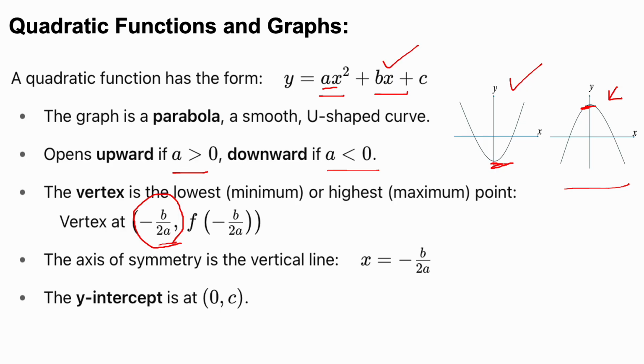So the vertex is the lowest or the highest point, the tip of the parabola, and you find it using -b/2a.